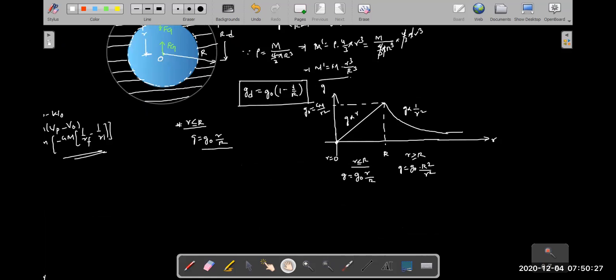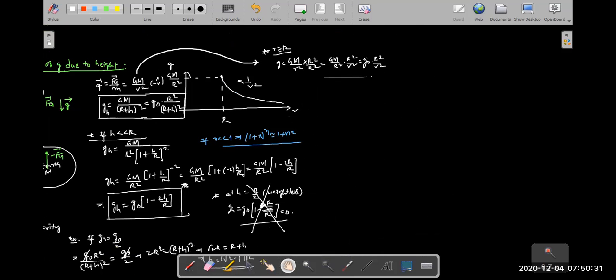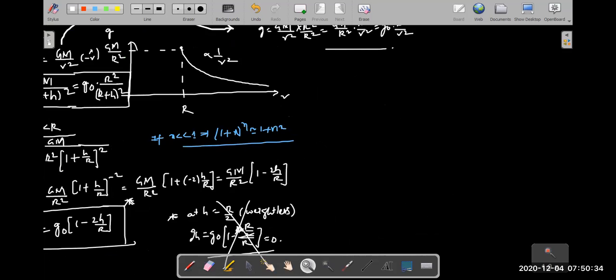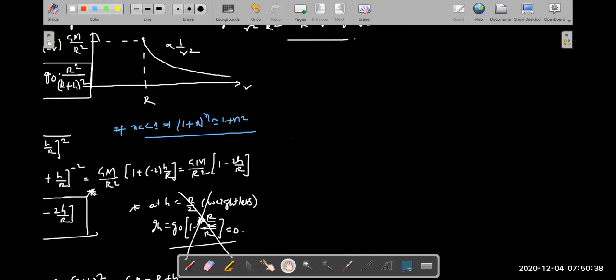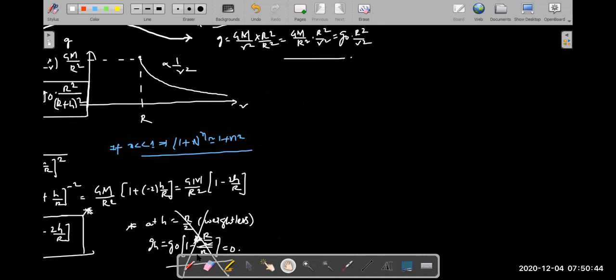If you wanted to plot the same curve as a function of h, how would this have been done? We know that g is equal to g naught into R square by (R plus h) whole square. Plotting as a function of r is different from plotting as a function of h, because in this case r is taken as R plus h.